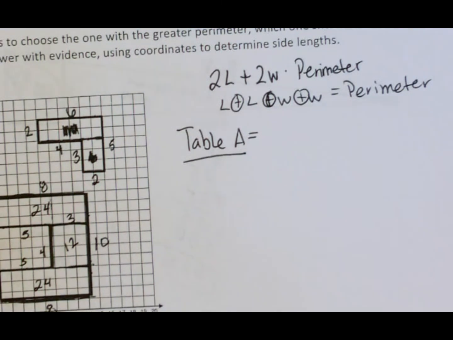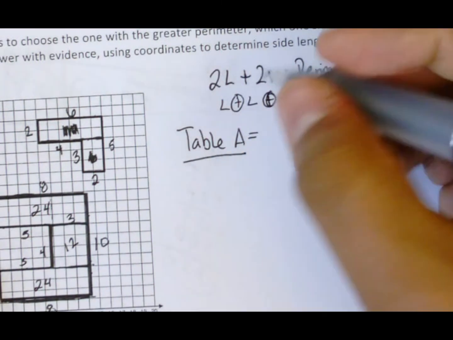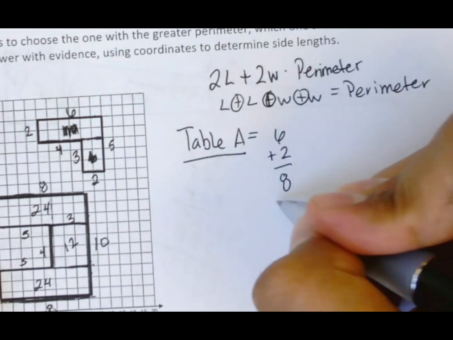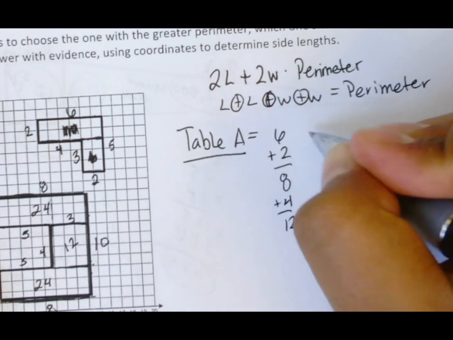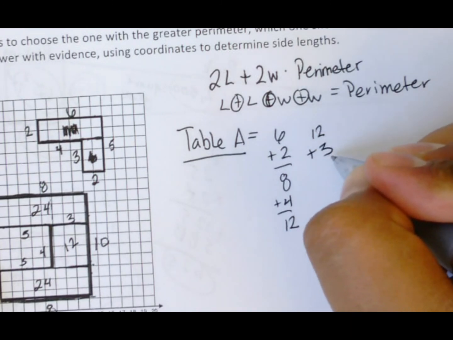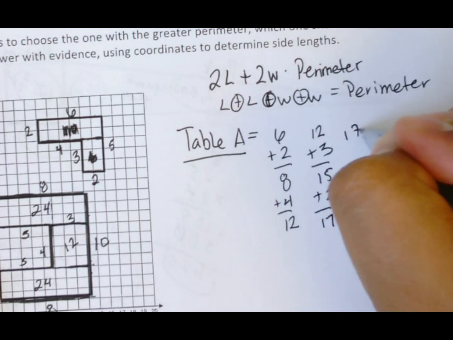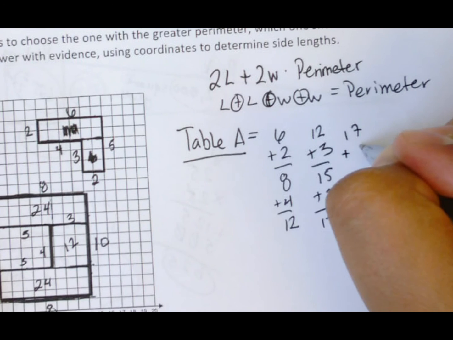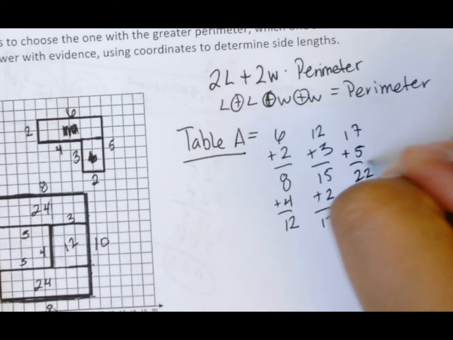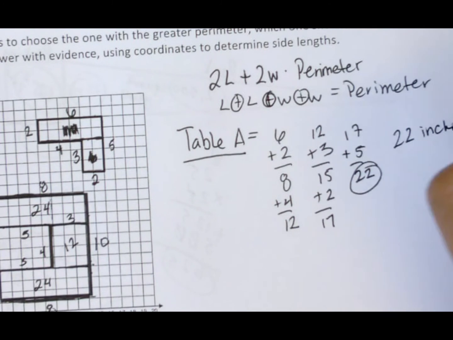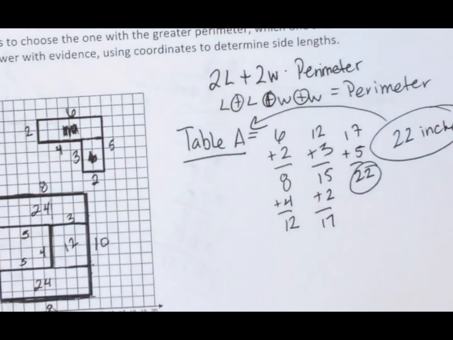Let's do it then. Does that make sense? Is that the perimeter for table A?